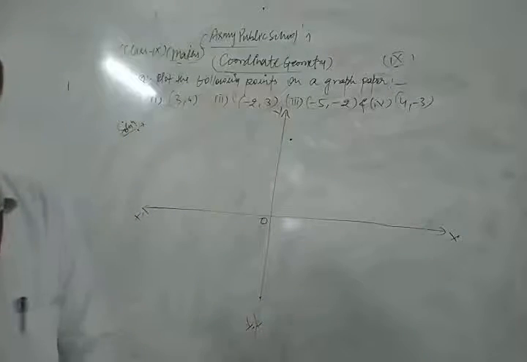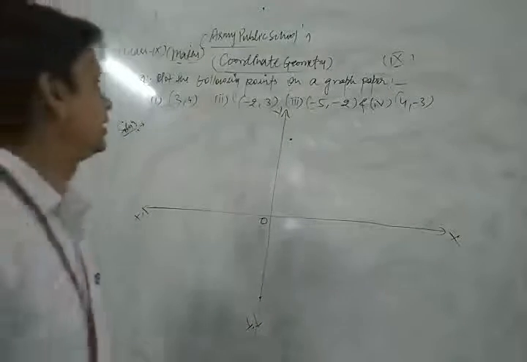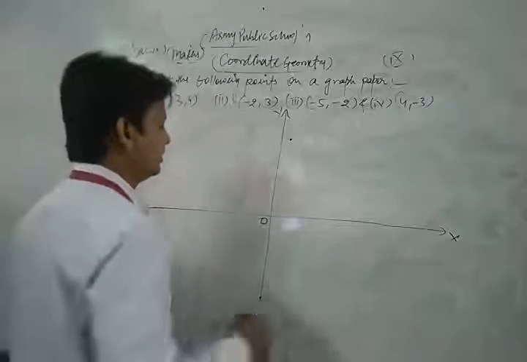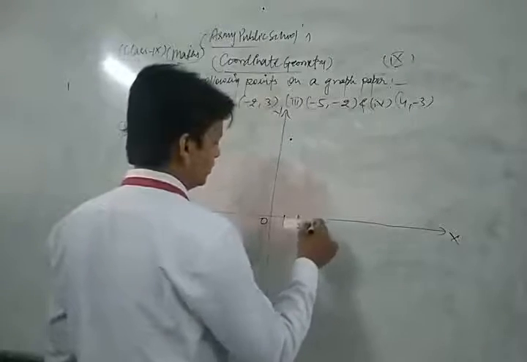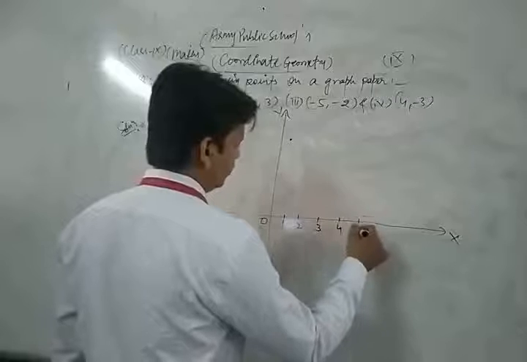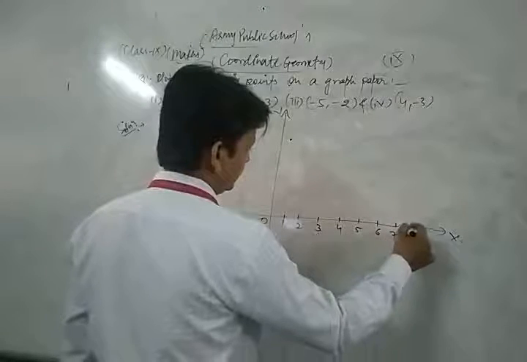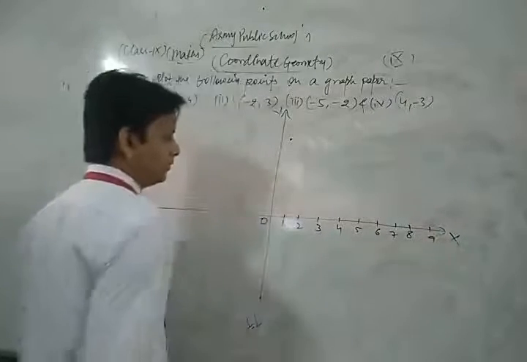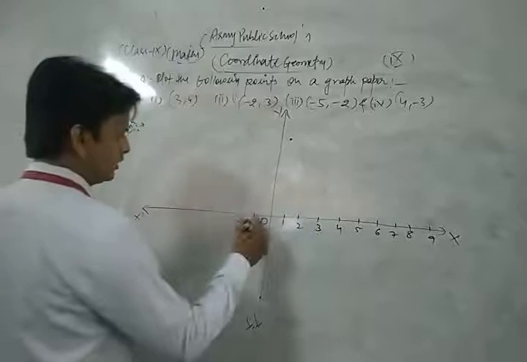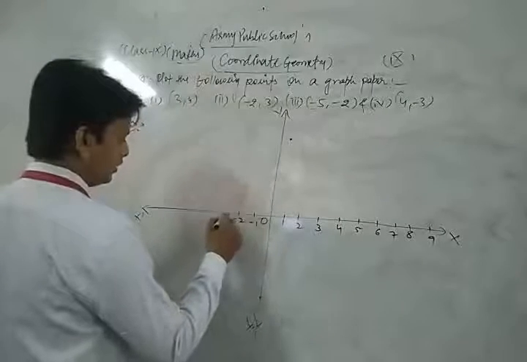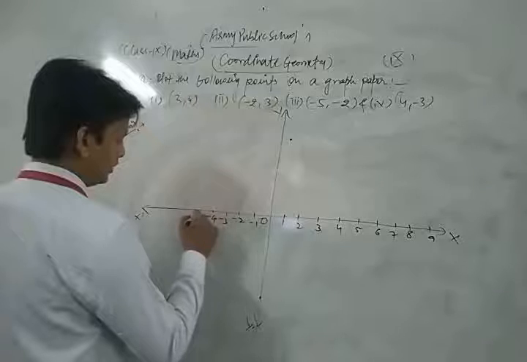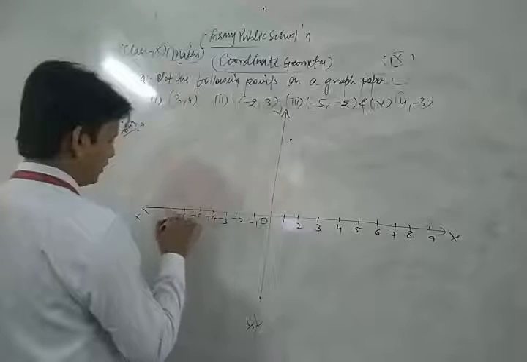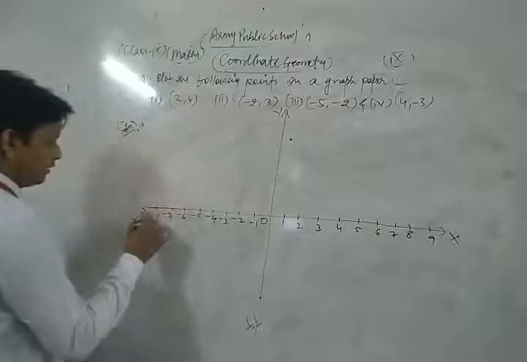Now let's see. Here this is the positive direction of x: plus 1, 2, 3, 4, 5, 6, 7, 8, 9, and on that side this is -1, -2, -3, -4, -5, -6, -7, -8.